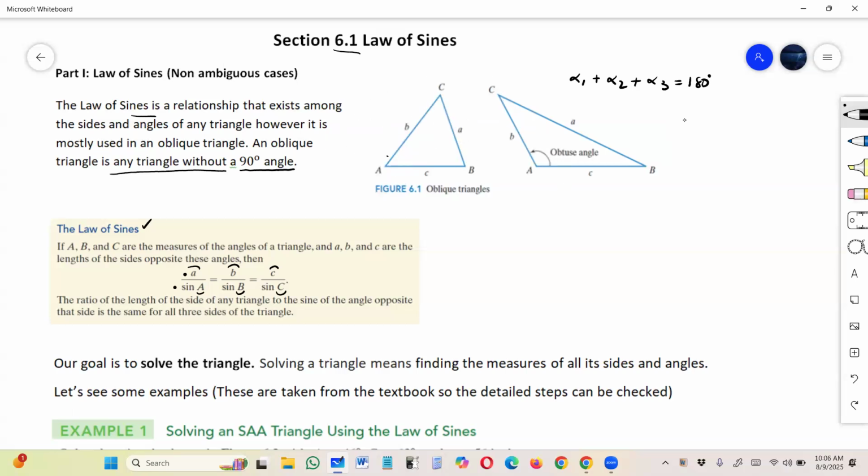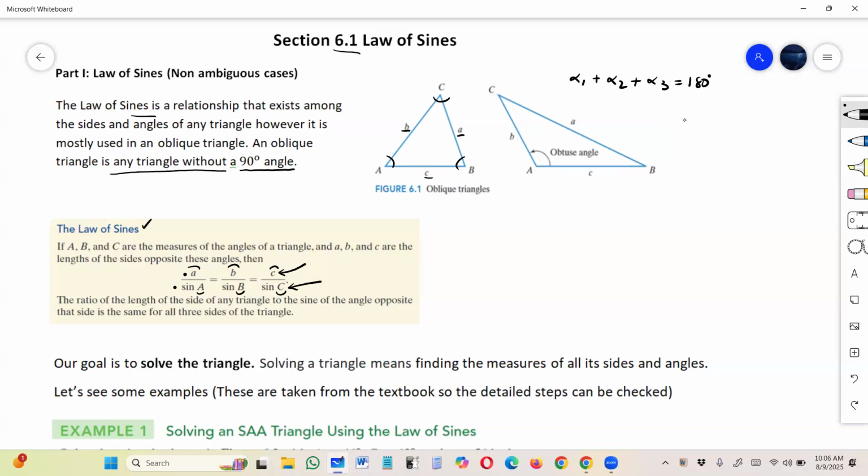Here is angle A, and here is side a, which is opposite to angle A. Here are angle B, side c, and angle C. Normally we refer to sides with lowercase letters and angles with capital letters.